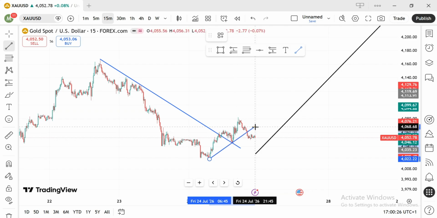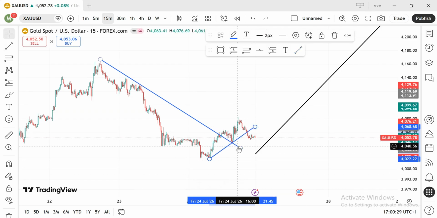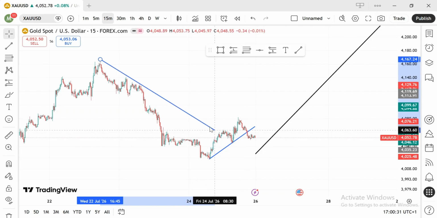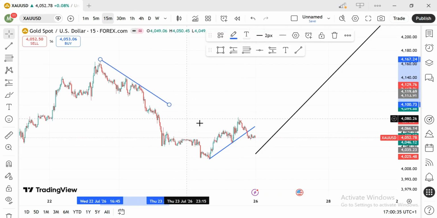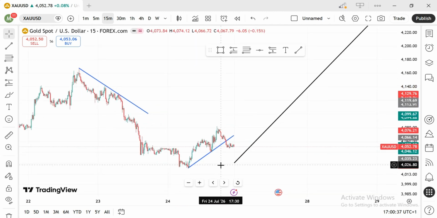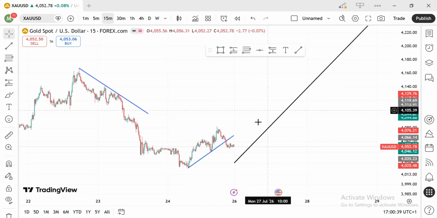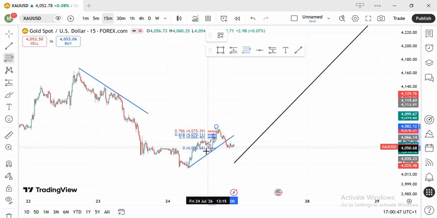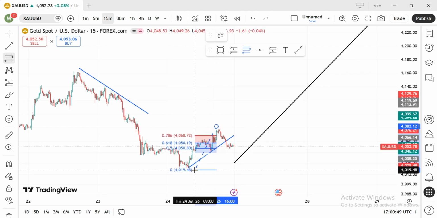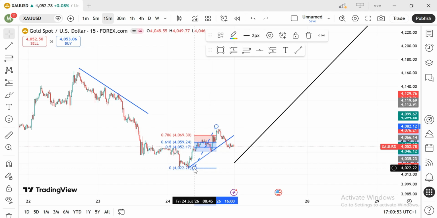So as you can see, this is the mini trend in the 15 minutes time frame. Let me take this out and put this over here. So this is the bullish mini trend of the pullback in the 15 minutes time frame. So all we have to do now is to get our Fibonacci retracement tool, and we pull it down to this last structure over here.